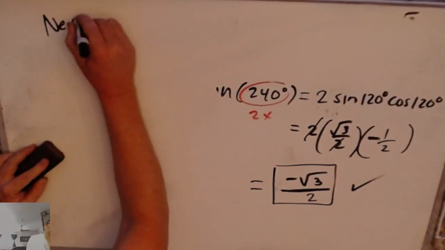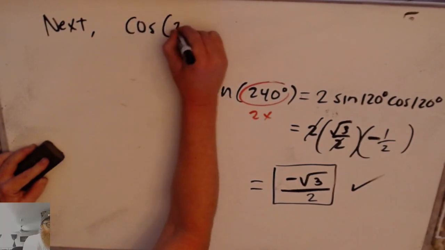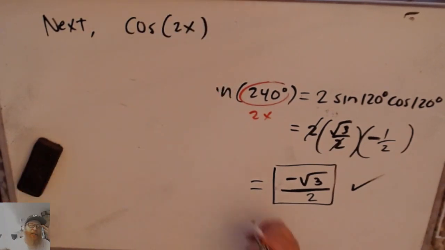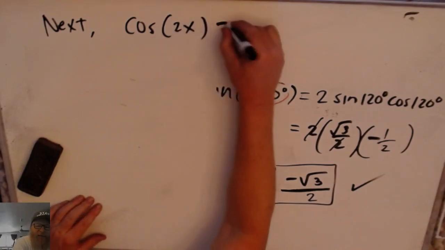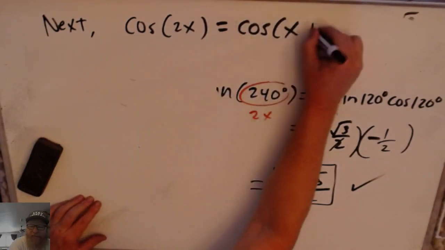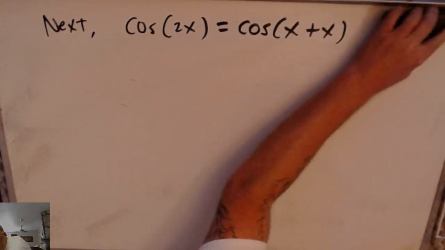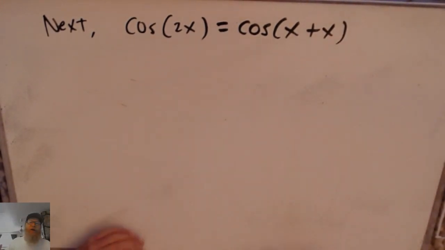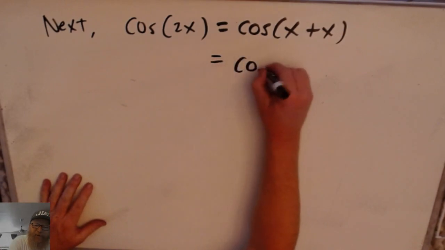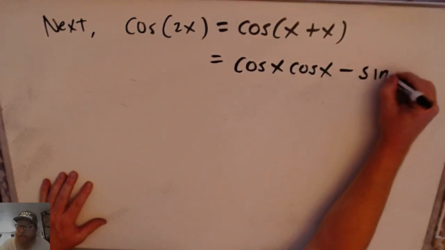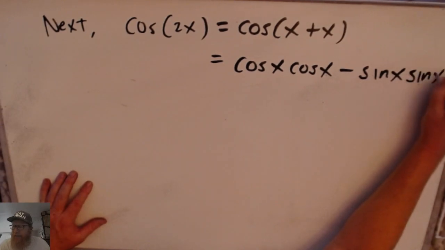Next, we're going to do cosine. And we're going to use the same strategy. 2x is the same as x plus x. So we can use the formula that we already have: cosine x cosine x minus sine x sine x.